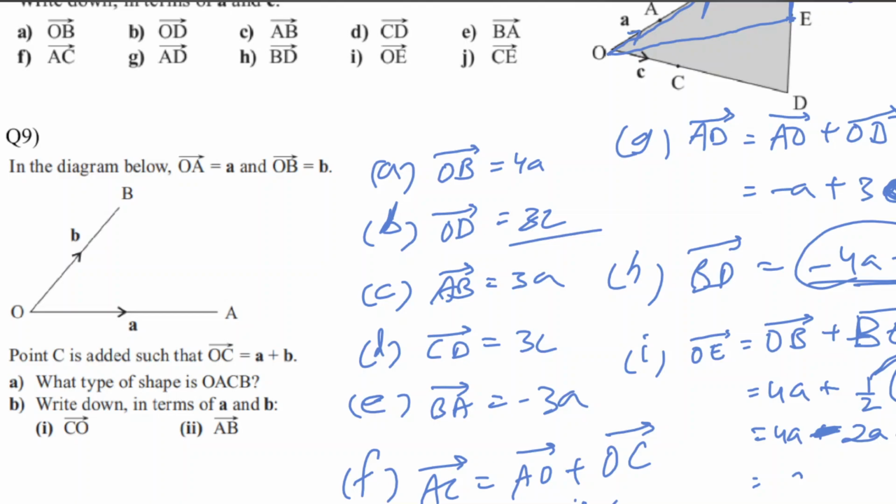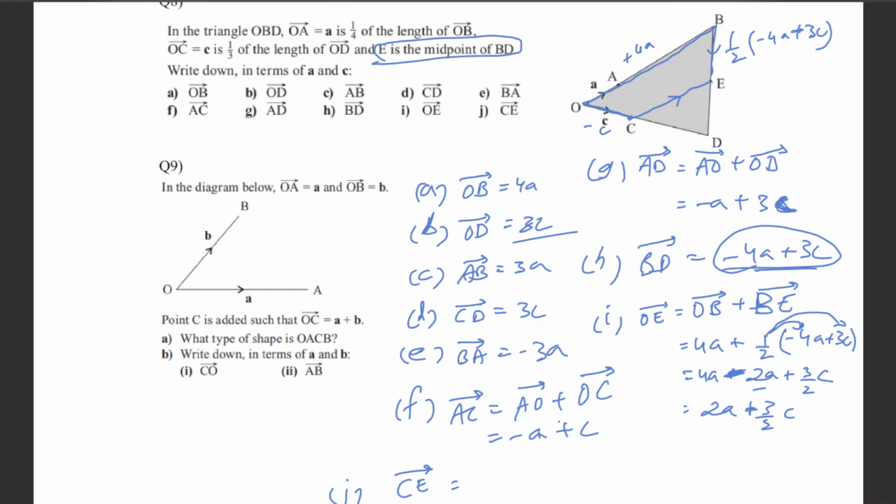This direction. Okay. So this is minus of C. This is plus of 4A, and this direction is BE. BE is half of BD, minus of 4A plus of 3C. Got it? So we have to take this direction. I believe you understand. I'm taking this direction to go CO, OB, BE.